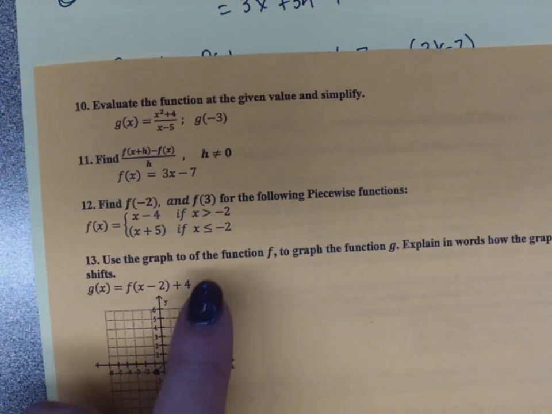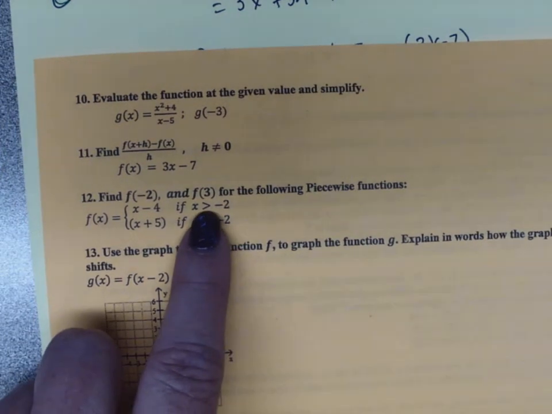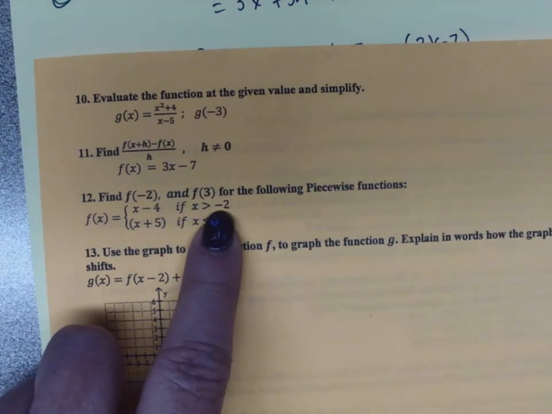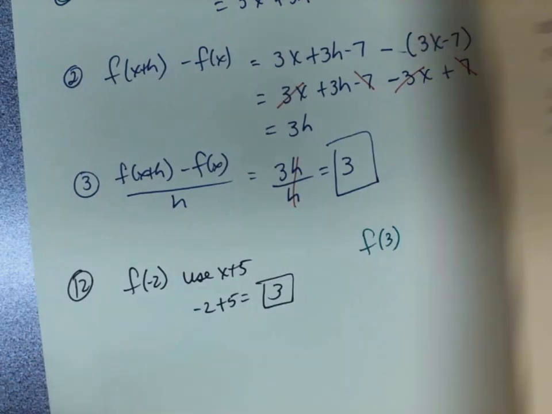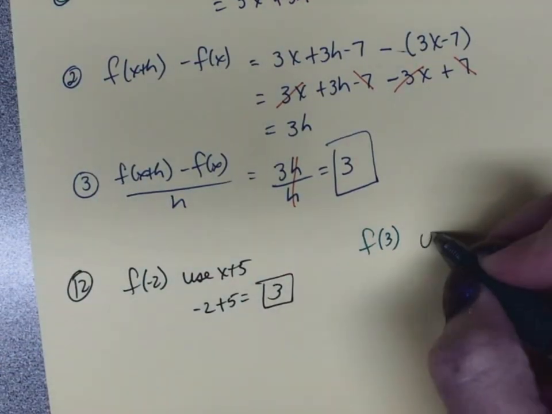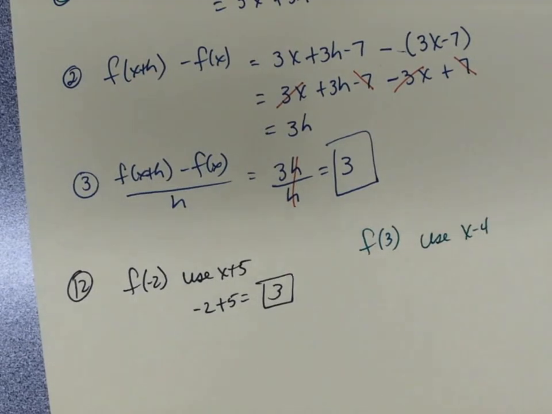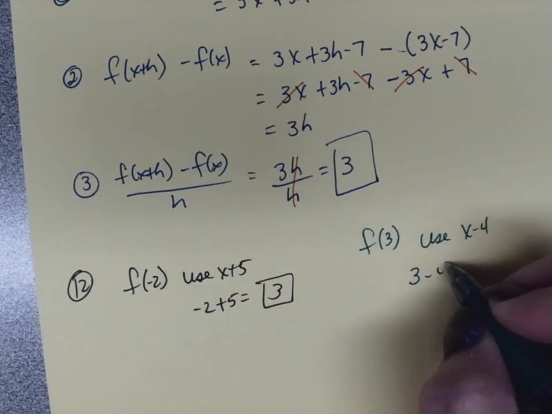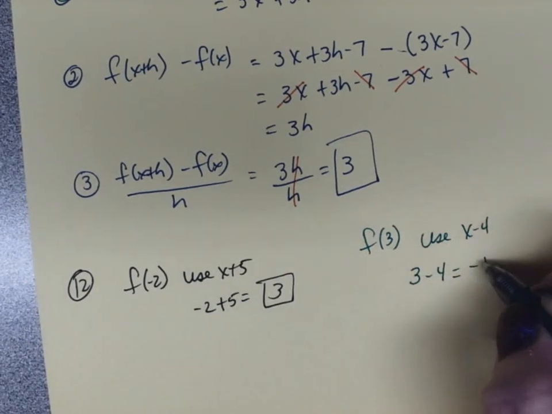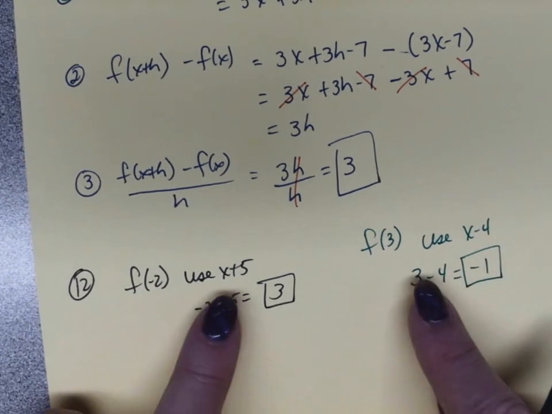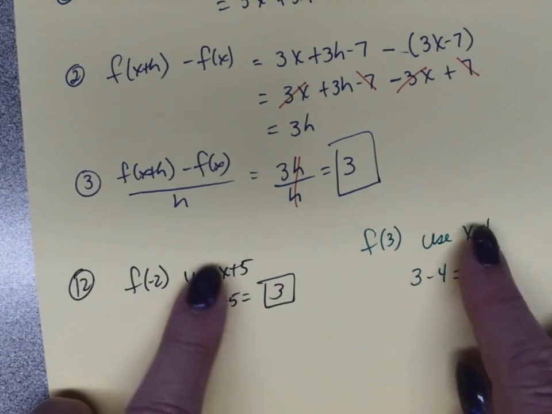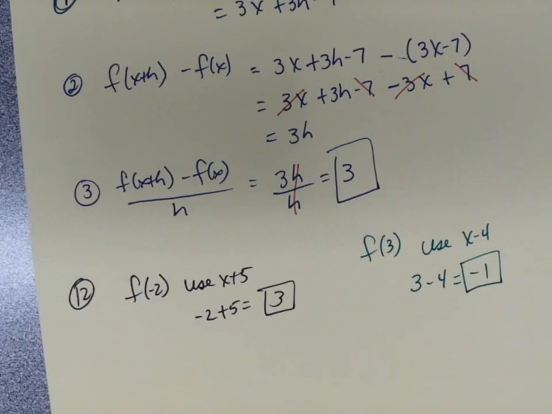And I need something that is greater than negative 2 to get 3, because 3 is greater than negative 2, so I'm going to use x minus 4. So this will get us 3 minus 4, which will be negative 1. So all you're going to do is plug in your value into the x part of the piecewise. Just pick the right part of the piecewise.